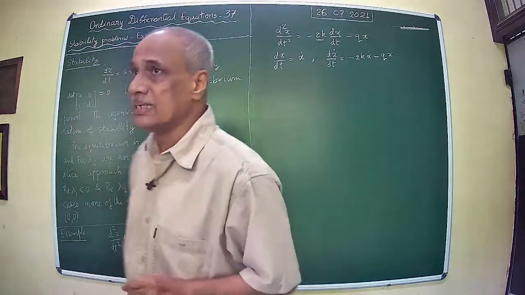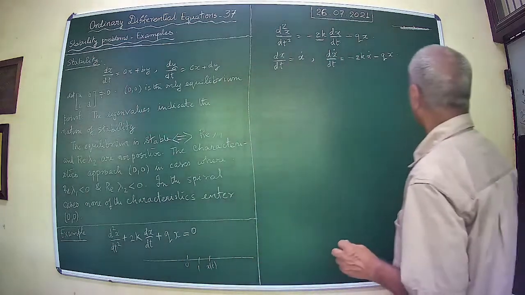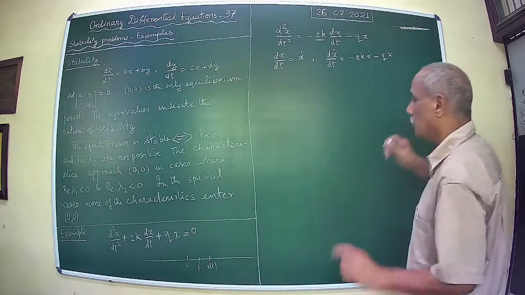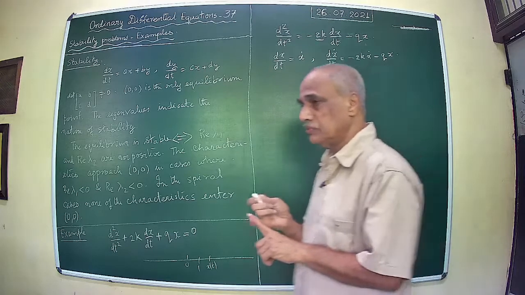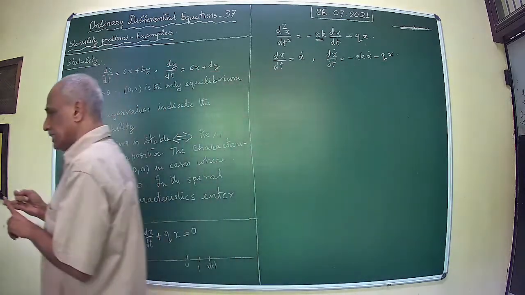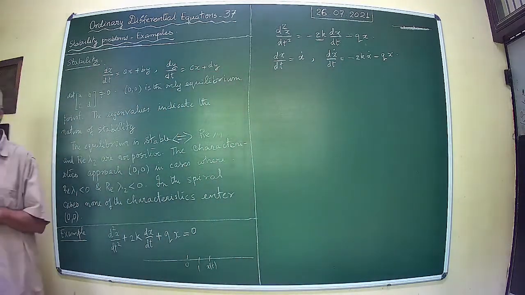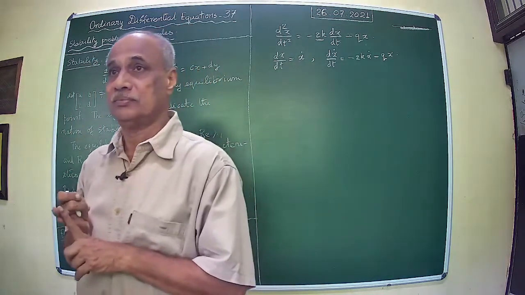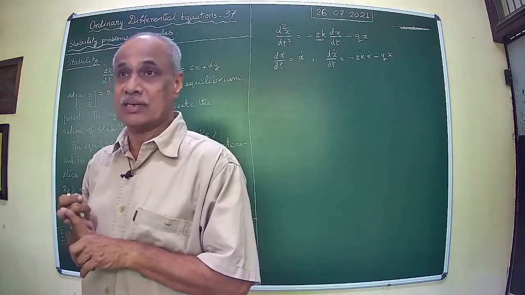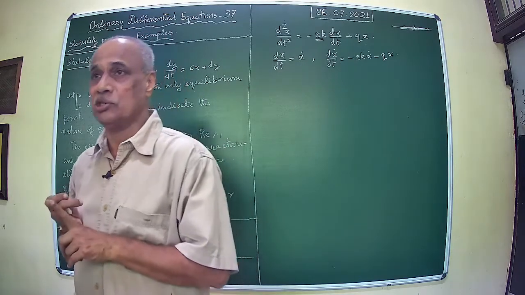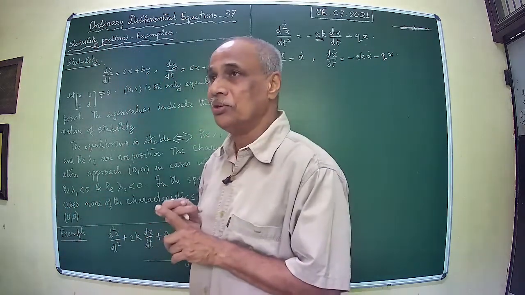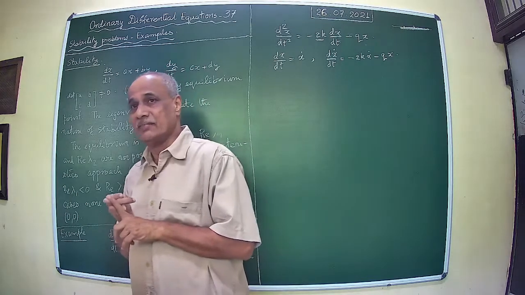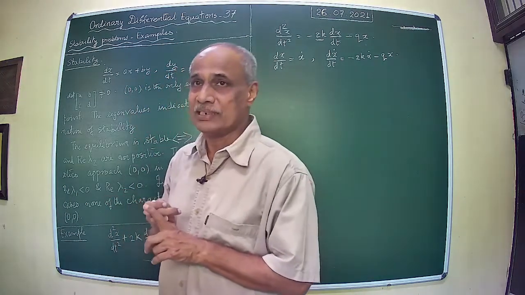Now you see that in the dynamical problem, suppose you know the position of a particle and the velocity with which it is moving, then you know completely what is happening to the particle. That is what you mean when you say that you understand the motion, provided you know where the particle is at a given time and with what velocity it is moving.